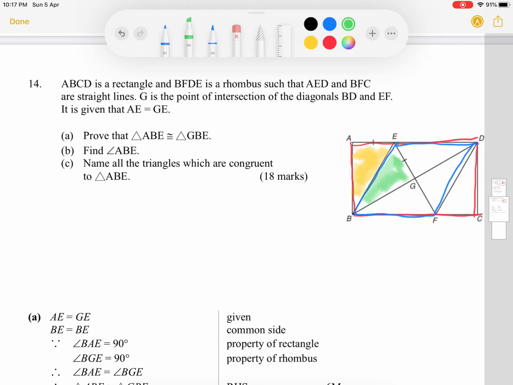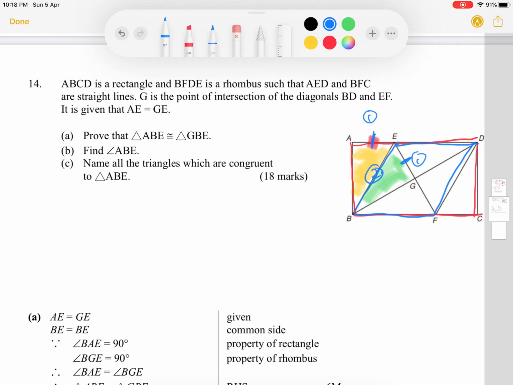Oh sorry, I use this one: point 1 is equal, and 2 is common, and the third one, what's the third one? How to find out the third one?